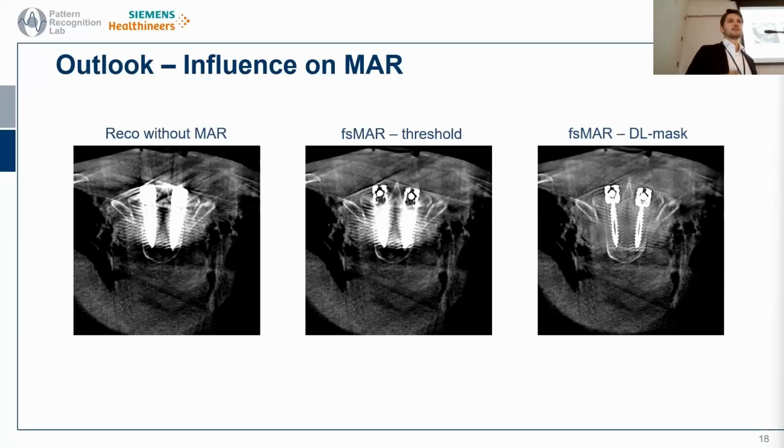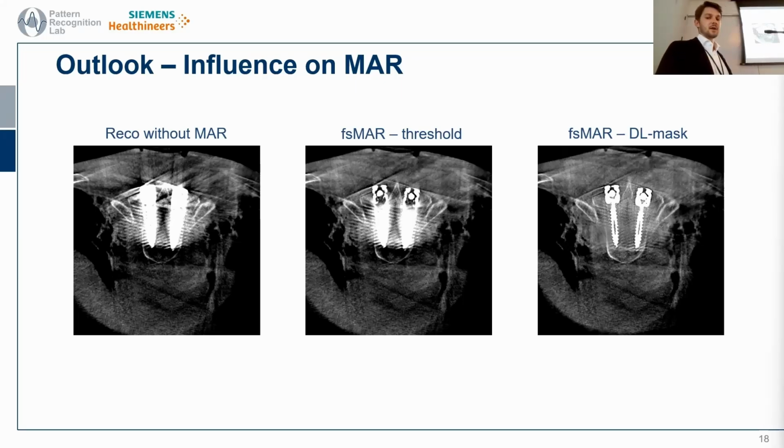As an outlook, or going back to our motivation, I want to compare the effect that these segmentation masks using the CNN in 3D, the ones that generalize well, have on the MAR method, on the frequency split MAR. So in the reconstruction without any MAR, we can see a lot of metal artifacts, whereas in the middle with the frequency split MAR with standard thresholding as it is implemented in the product today, large parts of the screw are apparently not segmented and thus the artifacts are not reduced.